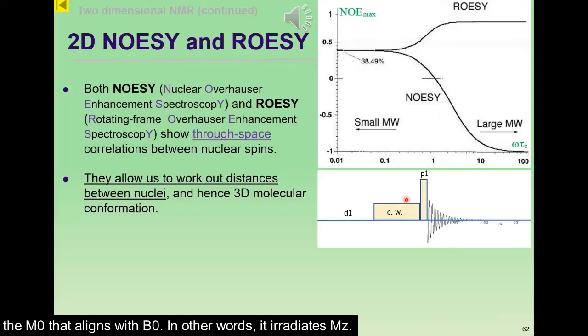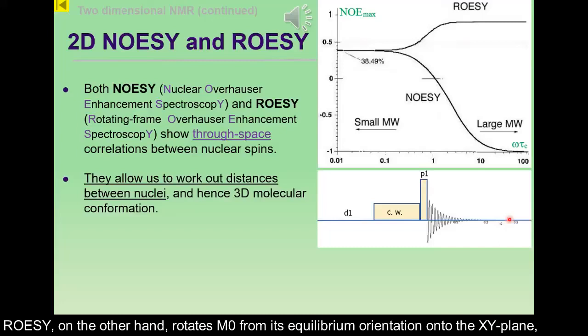In other words, it irradiates MZ. Therefore, the signal acquired after applying P1 contains the cross-relaxation information of the Z magnetization.